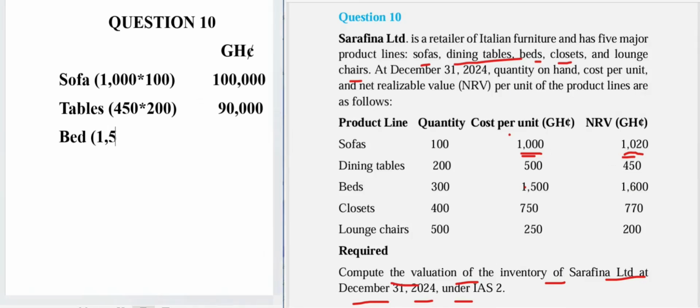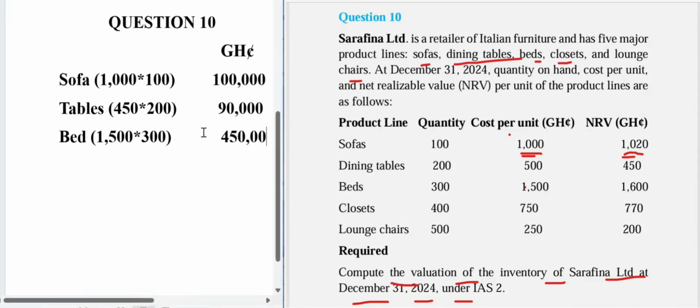So 1,500 by 300, right? And then that will give 450,000. I might be punching wrongly, so that I don't deceive you or we don't get wrong figures. But the most important thing is understanding. Okay, so just follow.